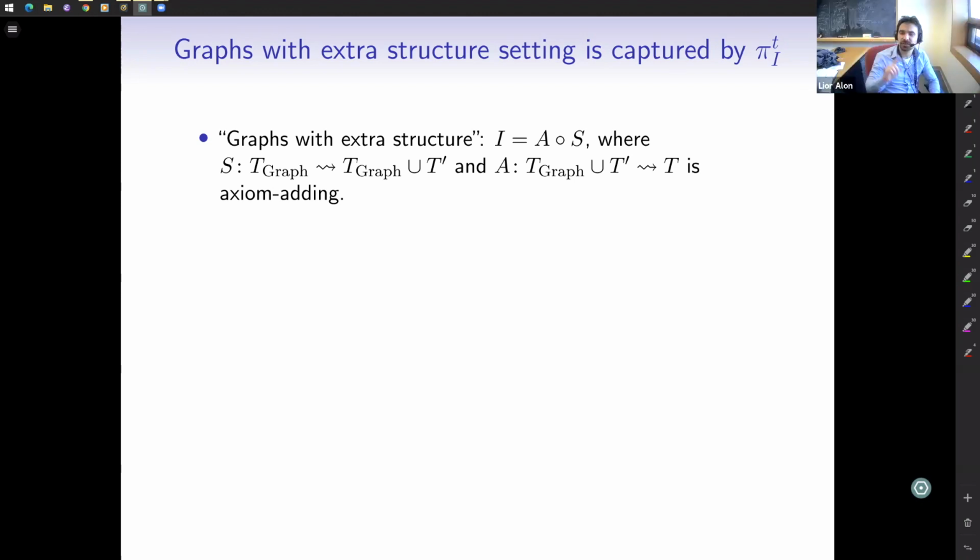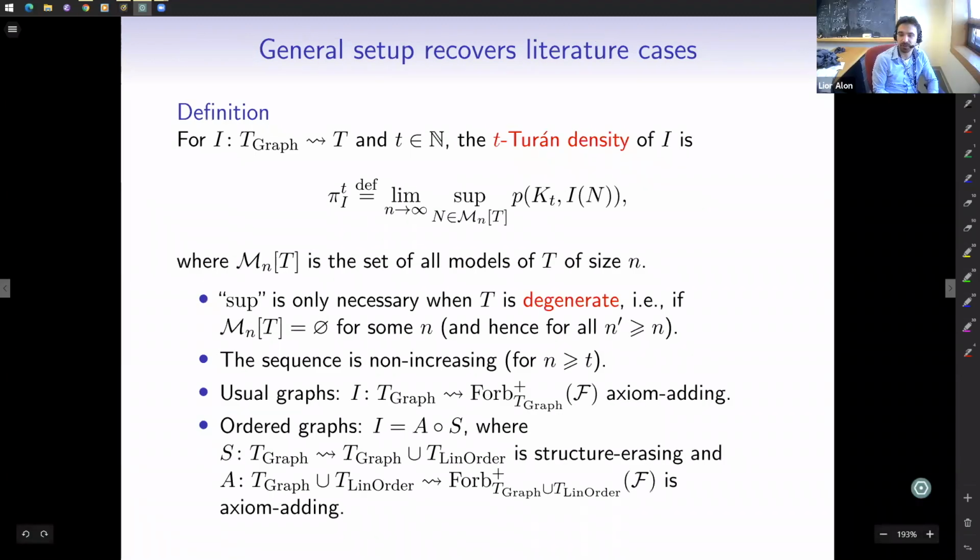Yes, just a question. You use here the fact that clique is defined on the unordered graph, or the graph without any additional structure, right? Yes. In general, you can put there something else rather than the density of T cliques, as long as it's a property of unordered graphs.